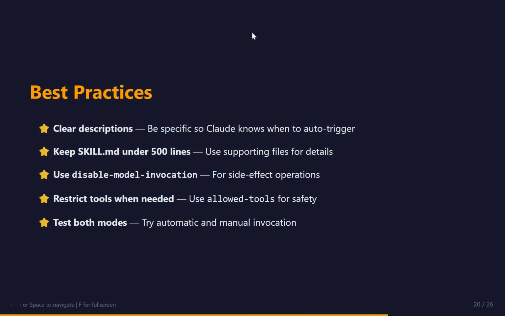So the best practices: have a clear description. Be specific so Claude knows when to auto trigger and when not to, and when to be manually invoked. Keep the skill file under 500 lines, use supporting files, use disable model invocation when there are side effects, restrict tools, and test both sides, whether automatic or manual invocation, to see how it's working.